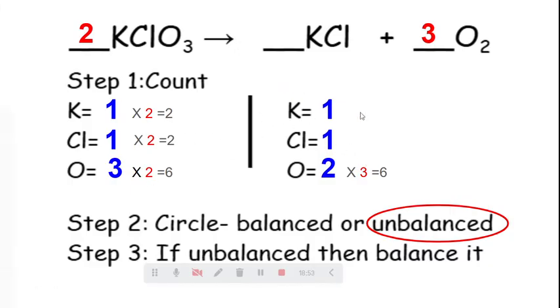Is this going to be balanced? Still not balanced. This side has 1 more. It's at 2, so we have to times this side by 2. Now if you were to go back and check yourself, this K is 2, and the K is 2. The Cl is 2, and the Cl is 2. The O is 6, the O is 6. Now everybody's happy, and we can smile and keep going.